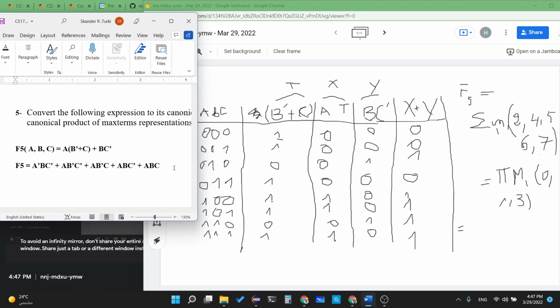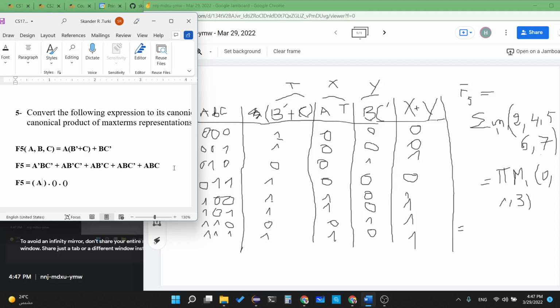We can also write that F is equal to the product of max terms. So max term 0 will be... can you help me? Maximum 0 would be A bar, B bar, and C bar.